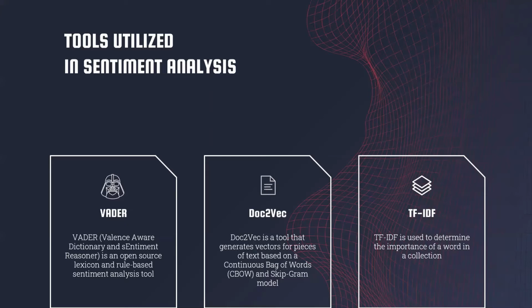Secondly, I used Doc2Vec. This generates vectors for pieces of text based on a continuous bag of words and skip-gram model. Essentially what this is doing is classifying each review in a certain sense with a certain set of vectors.